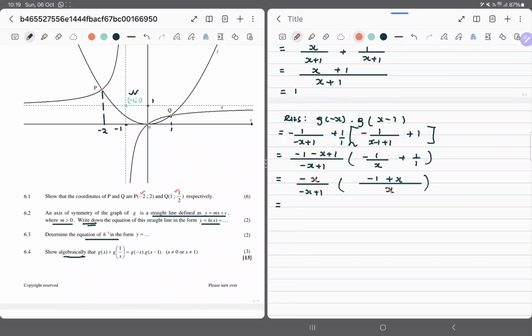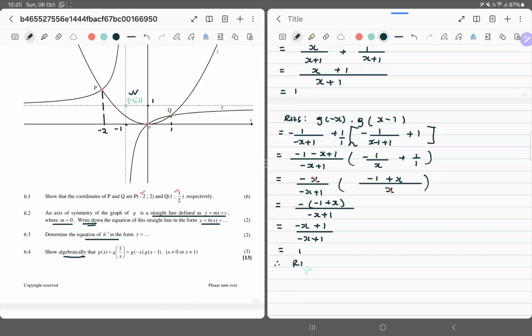Okay, let's leave this one as it is. It's a bit strangish. So now we have a minus into 1 minus 1 plus x over minus x plus 1. When we distribute that negative, we get minus x plus 1 over minus x plus 1. This is equal to 1.